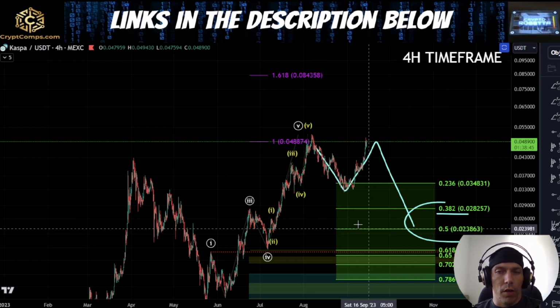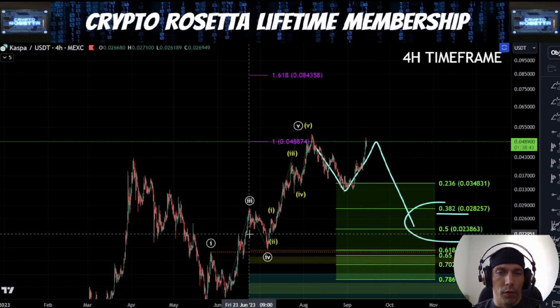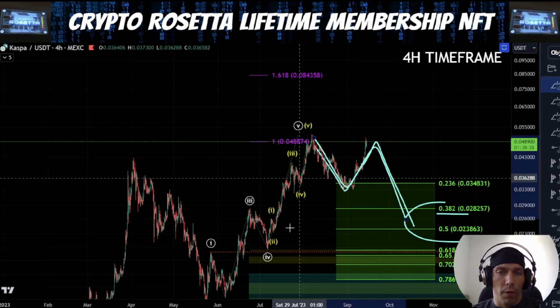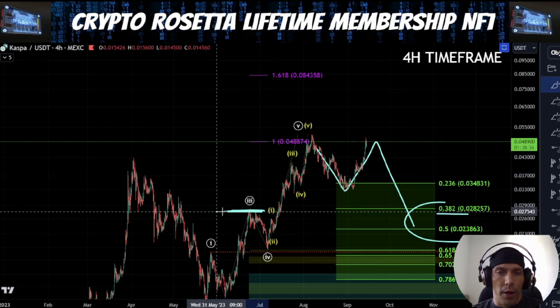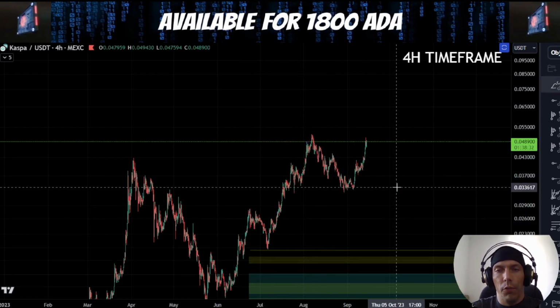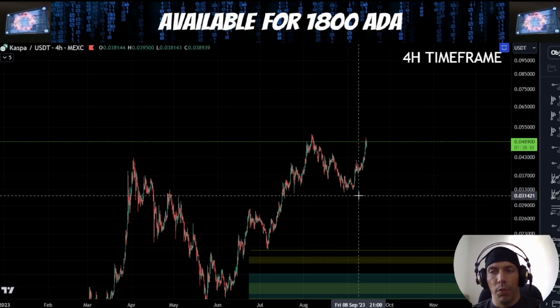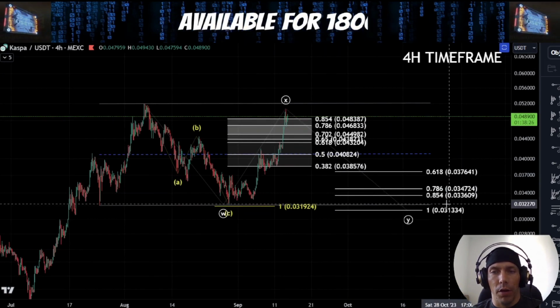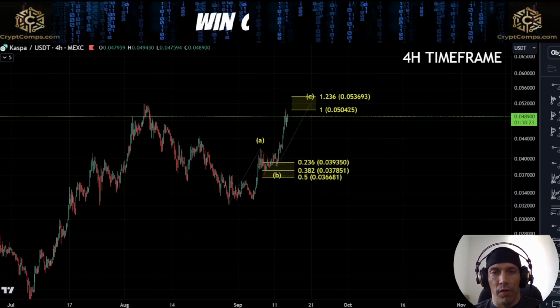And the key thing here is that if we do see another push down like this, it would mean that it's not very likely that this is a fourth wave, because effectively the invalidation of this would be this high here. So this is why I'm watching out for, if we do just get 3 waves up here, we could look for that continuation to the downside in either a bigger WXY or a bigger ABC pattern.